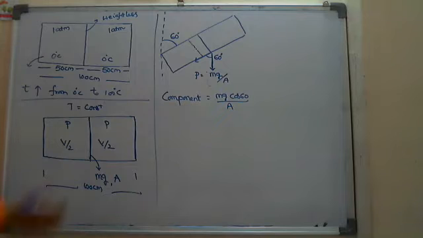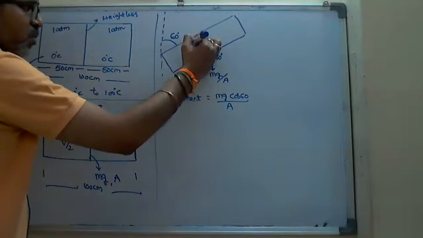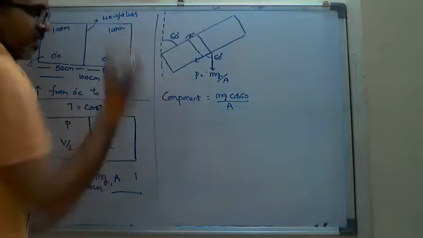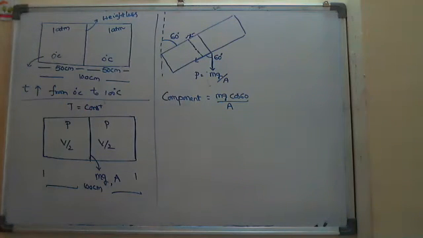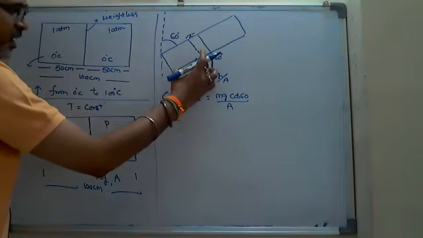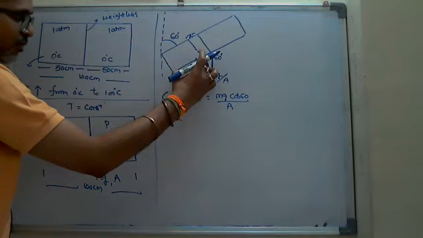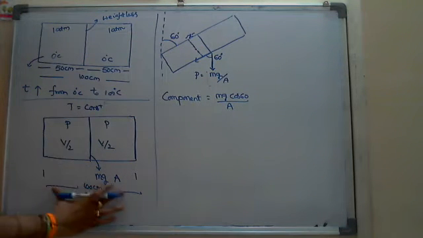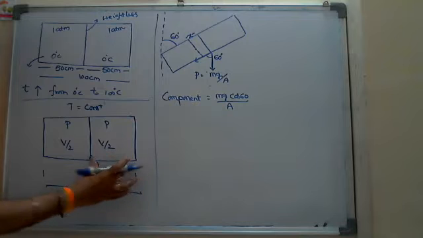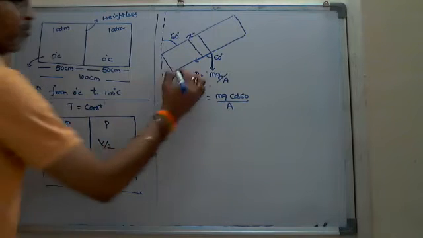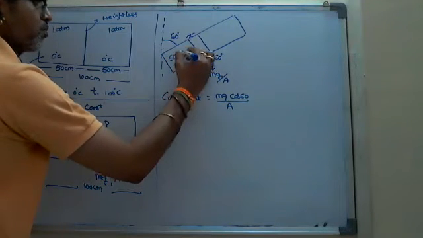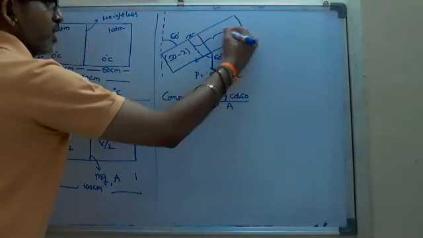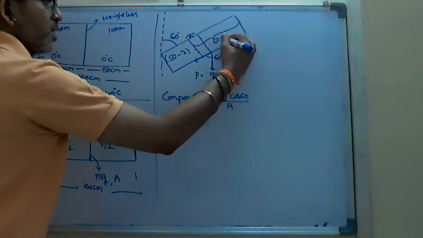Suppose it is displaced by a distance x along the cylinder. The total length is 100, previously 50 and 50. So the length of the lower part will be 50 minus x, and the length of the other part will be 50 plus x.